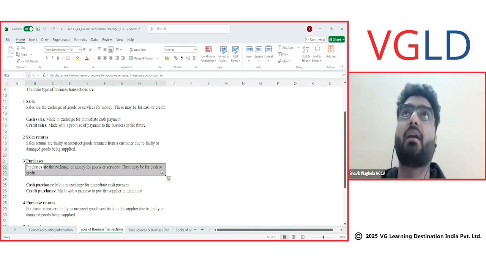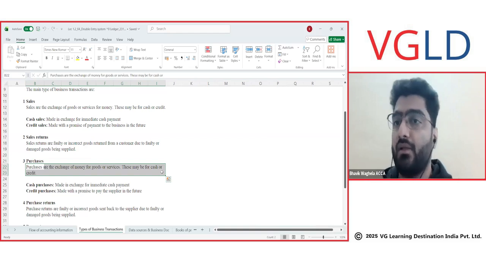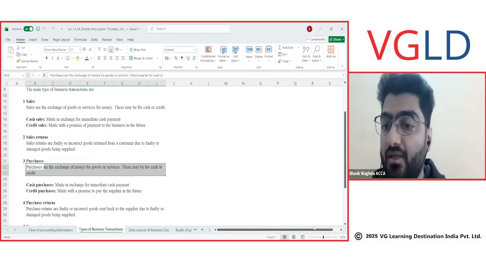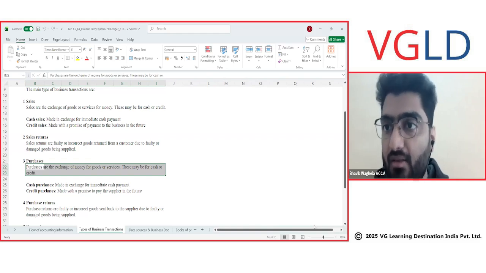So I and Manya entered into a transaction where I sold goods on credit to Manya. I will say it is a credit sale, correct? But Manya will call it a credit purchase.